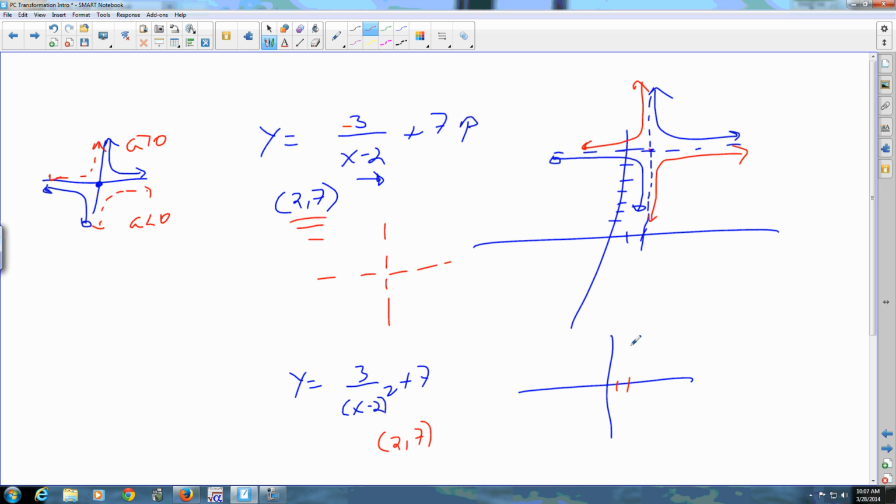So 2 units over, the same vertical asymptote as with the hyperbola, and the same horizontal asymptote. So finding the asymptotes works the same in either hyperbola or inverse square. Now what's different is the inverse square graph is either both pieces are up or both pieces are down.